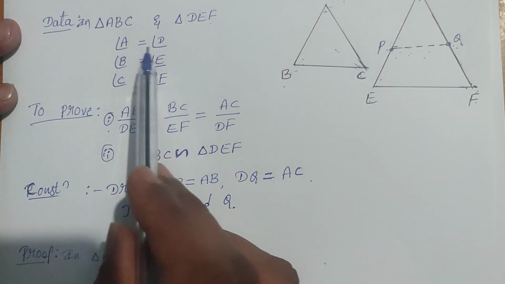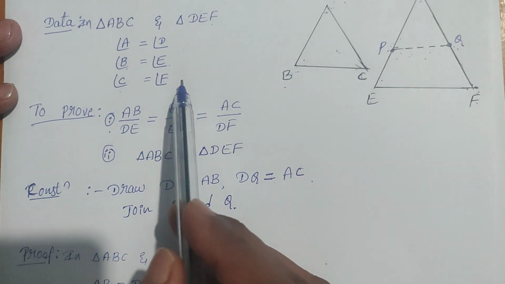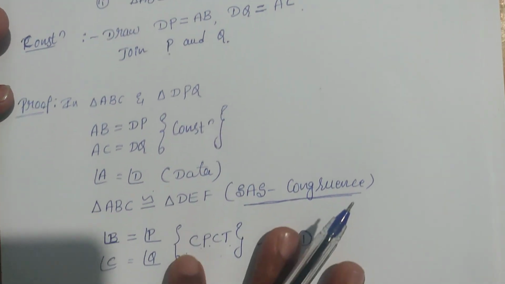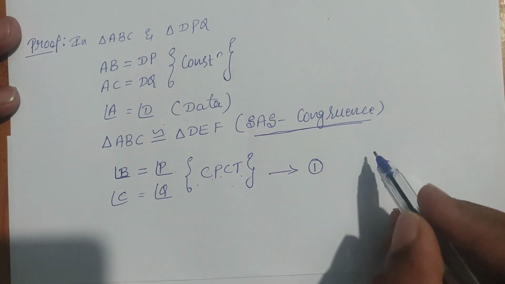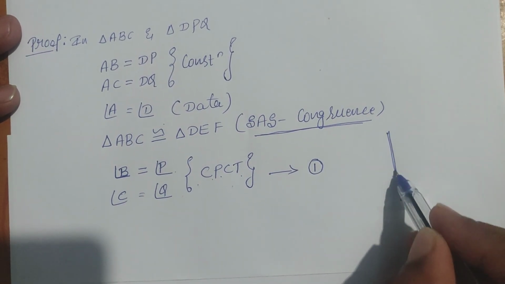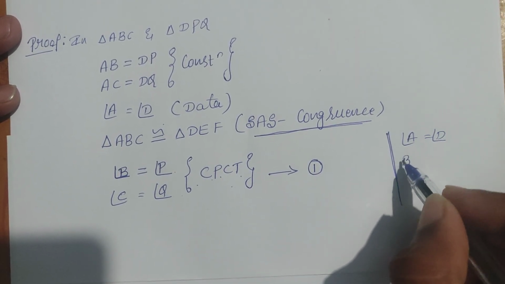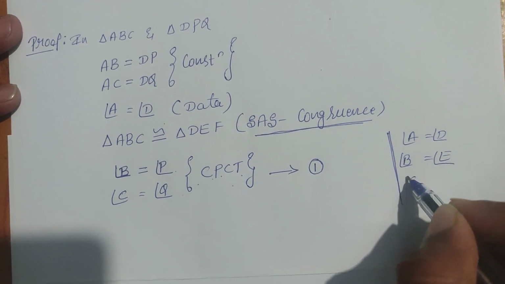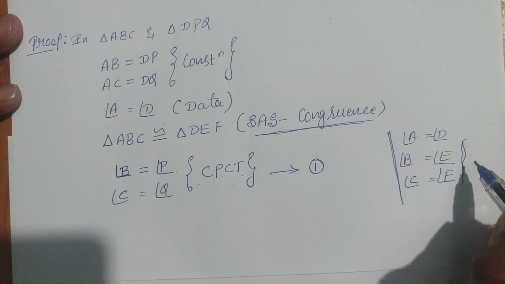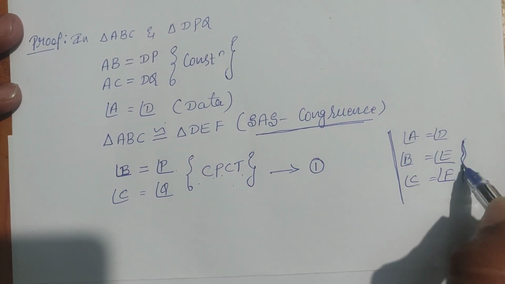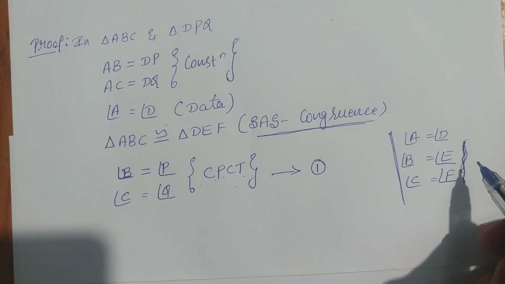That is, angle A is equal to angle D, angle B is equal to angle E, angle C is equal to angle F. And equation 1 is angle B is equal to angle P. I will write the given here just for reference: angle A is equal to angle D, angle B is equal to angle E, and angle C is equal to angle F. This is the given. You need not write it in your notes. I have written it here just to show you the given.